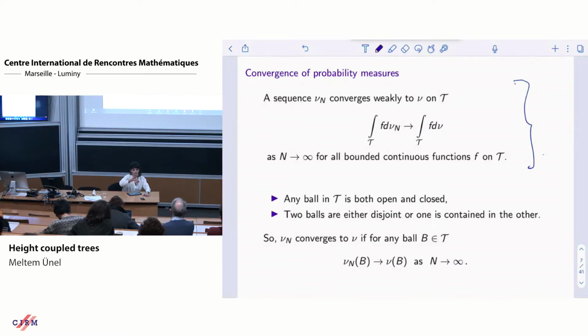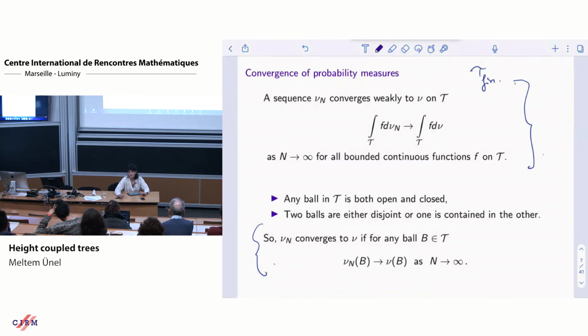With the metric that we defined on this space and the balls, it turns out that any ball is both open and closed, and two balls are either disjoint or one is contained in the other, and the set T fin is a countable dense subset of the whole space T. And given this information, it can be obtained by using basic results from the theorems of weak convergence of probability measures that the convergence of a sequence of probability measures is fully characterized by the convergence of their values on the balls.